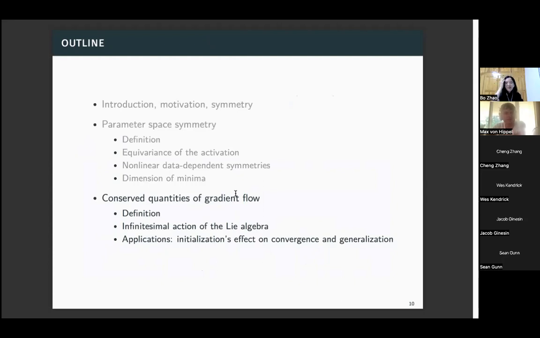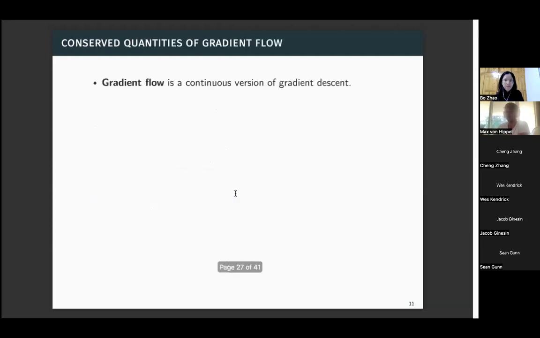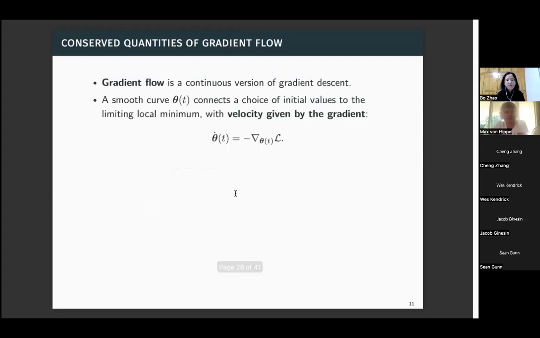So for the next part, I'll introduce a new concept called conserved quantities and show that it's associated with these parameter space symmetries. A gradient flow is a continuous version of gradient descent, which is a common way of training the neural network. So it has this form: theta is a curve that moves in the direction opposite of the gradient.